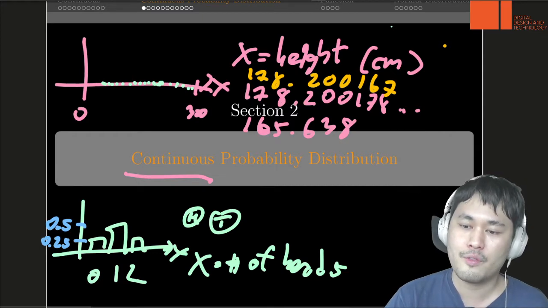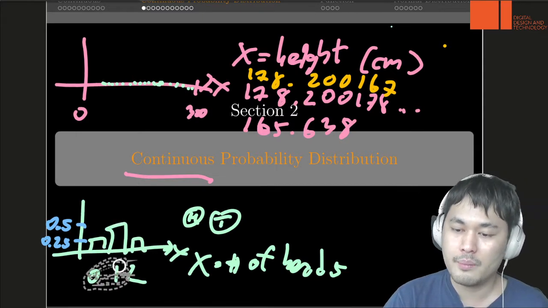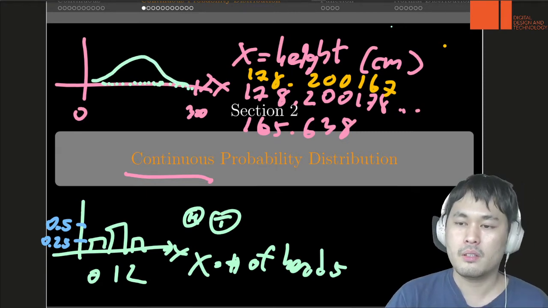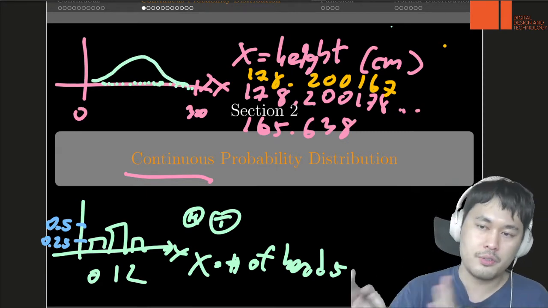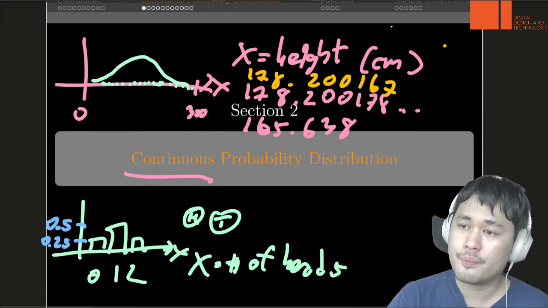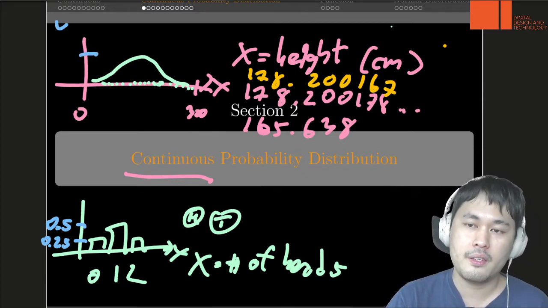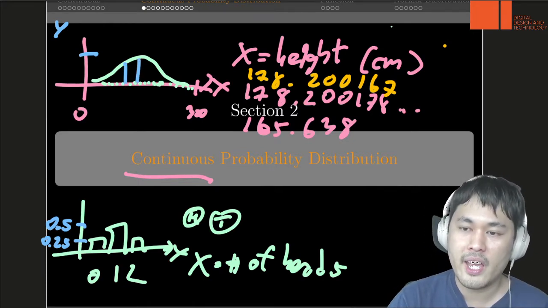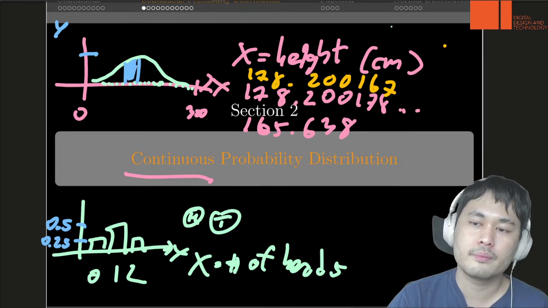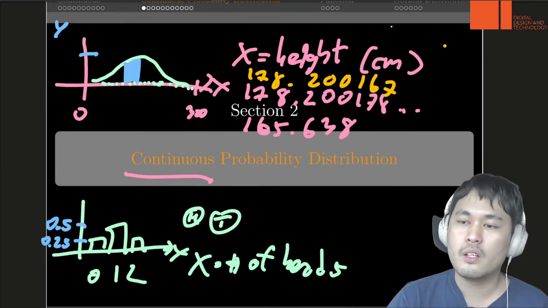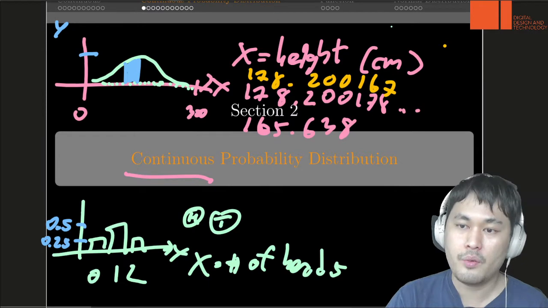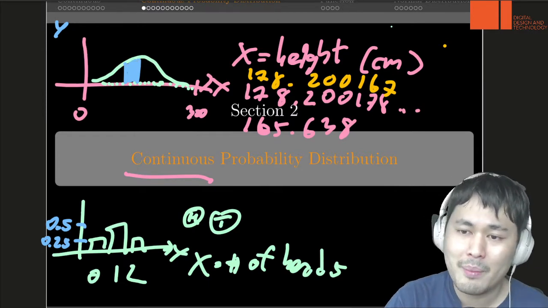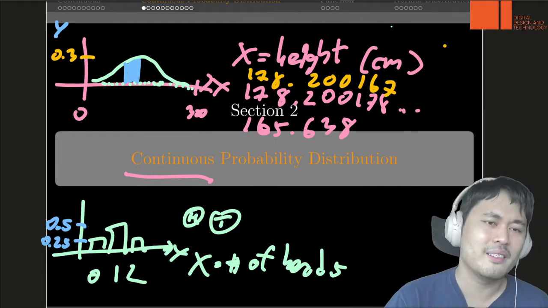So that's why you have to change from this image to a curve. The first thing we do is change from that to a curve. The second thing is, instead of having the y-axis represent the probability or the chance, we represent the chance by the area instead. When you plot a graph, all these points are going to be somewhere on the y-axis, maybe like 0.3, let's say.